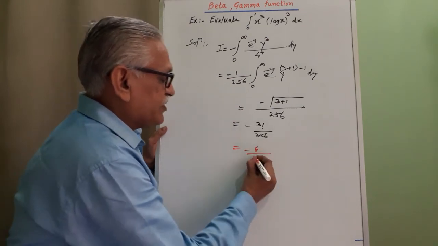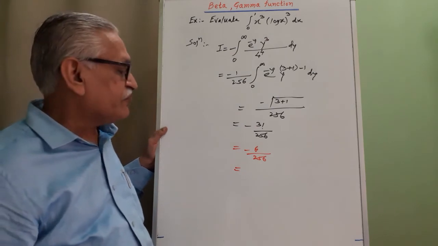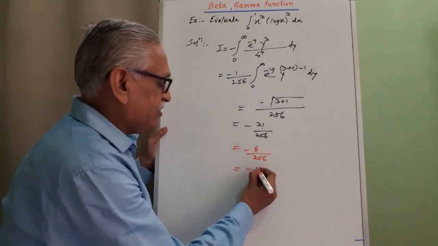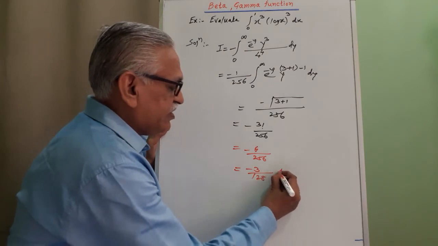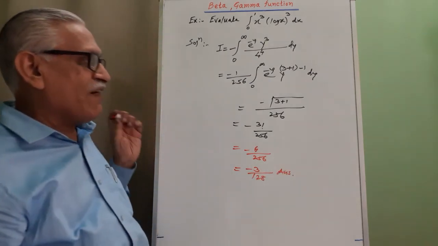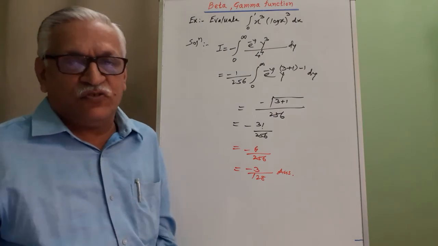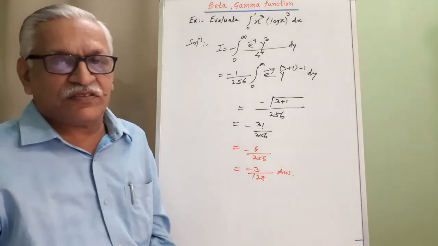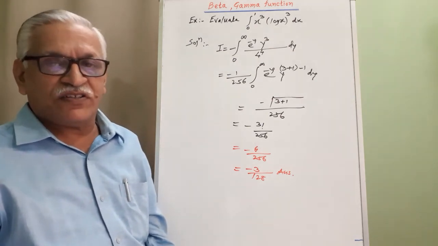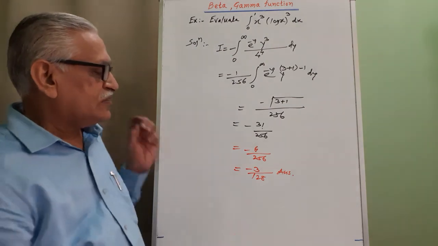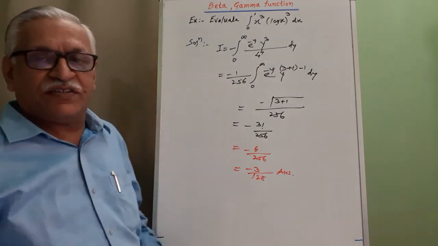If you divide by 2, we get minus 3 divided by 128 as the answer, or the value of that definite integral by using the definition of the gamma function, means by converting the given integral in terms of the gamma form. We get the value of that integral as minus 3 by 128.